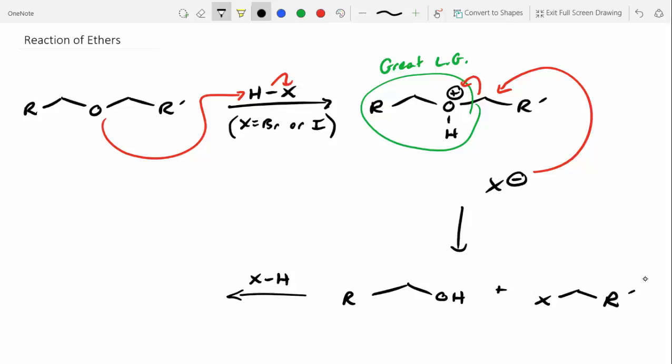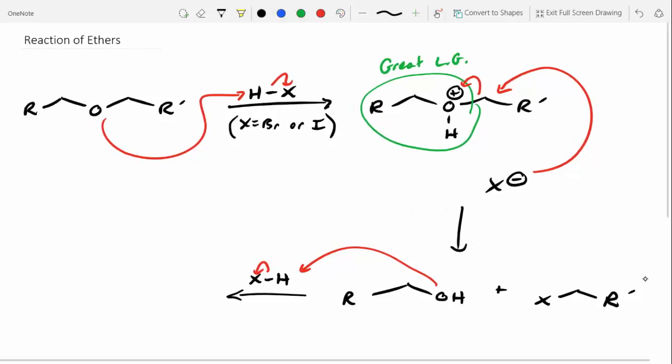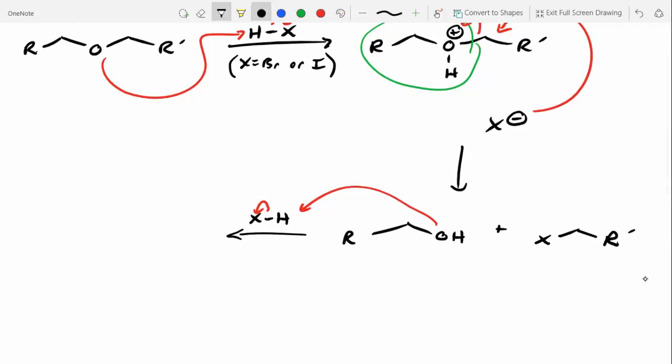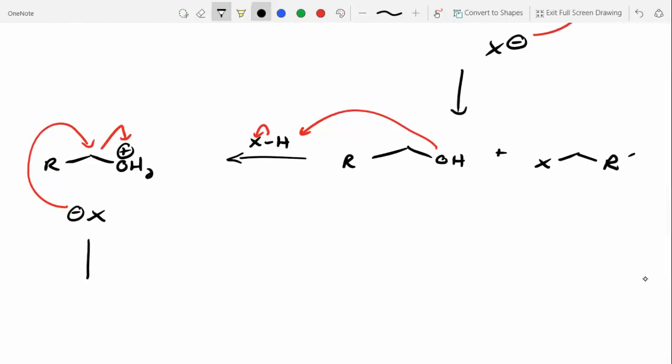Yeah, it can happen again. Just like we saw with our alcohol chapter, with primary alcohols, we can protonate the alcohol. That gives us an equivalent of X minus floating around in solution, and this can do a second SN2 reaction. And now we've got H2O.